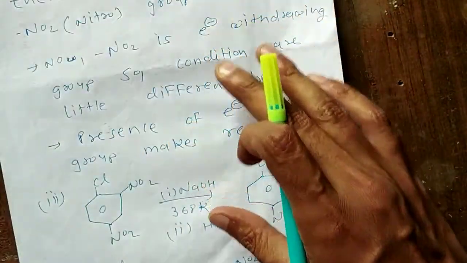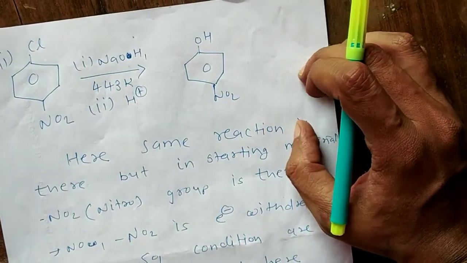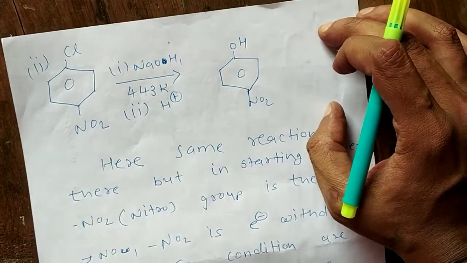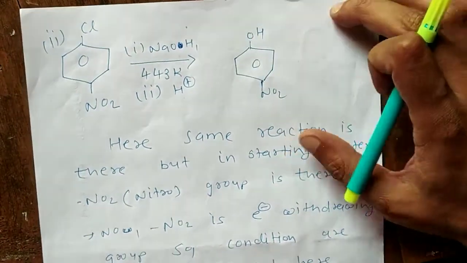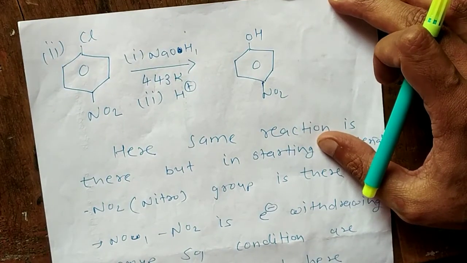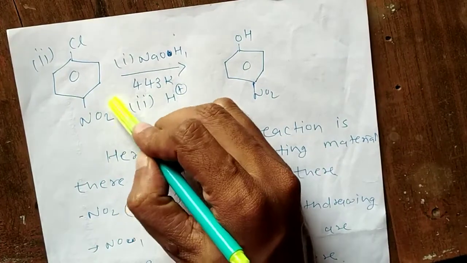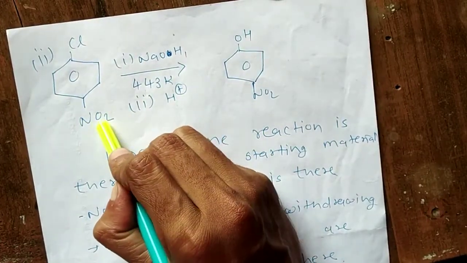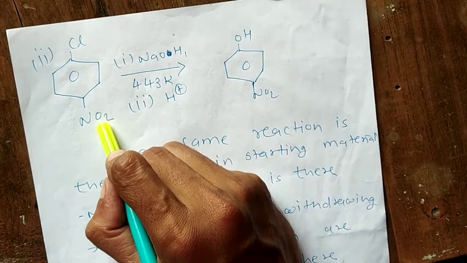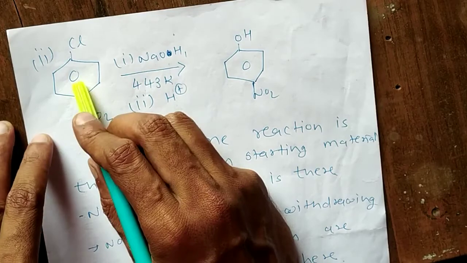Now if I change the starting material, you can see here the starting material is now para-nitrochlorobenzene. Here on the para position a nitro group is there. Now nitro group is an electron withdrawing group.